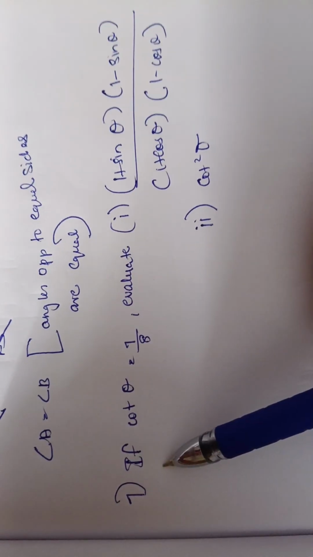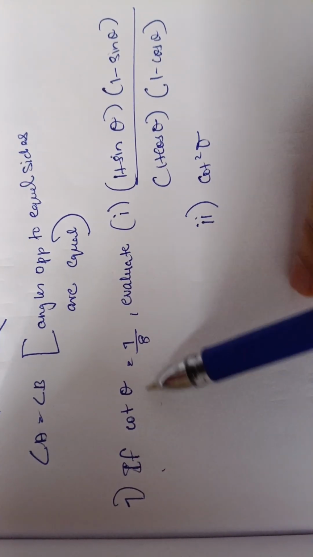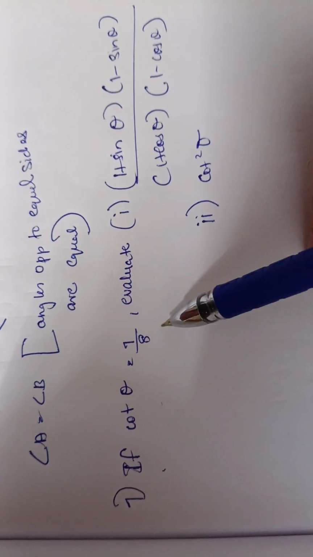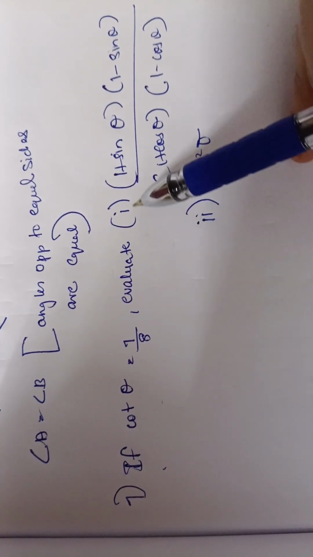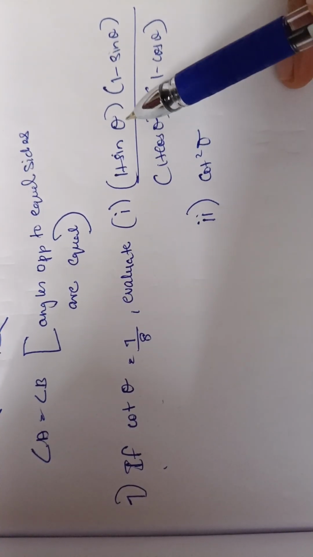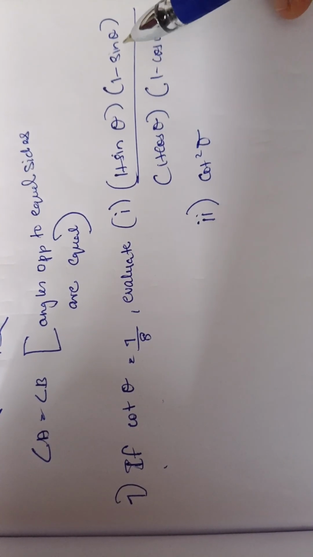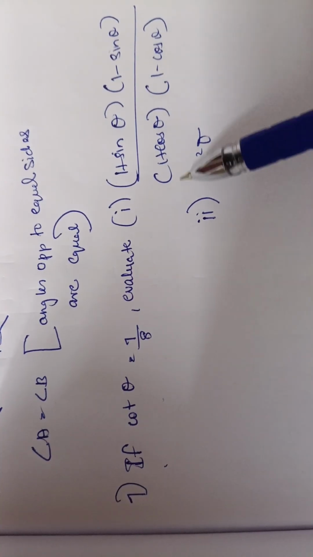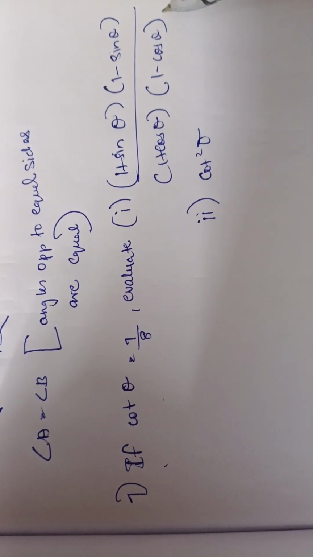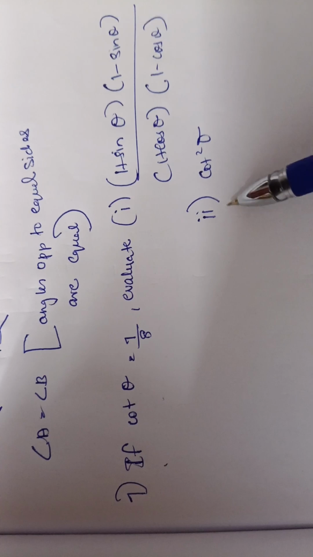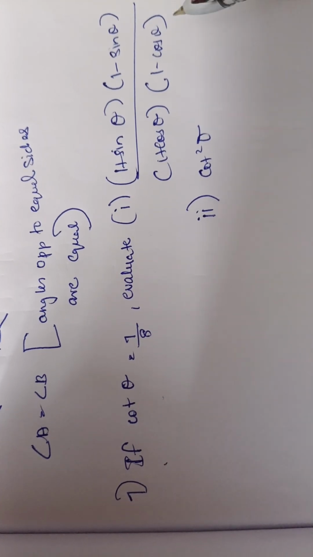Question number 7 is, if cot theta is 7 by 8, evaluate. First sub-question, 1 plus sin theta into 1 minus sin theta by 1 plus cos theta into 1 minus cos theta. And the second sub-question is cot square theta.